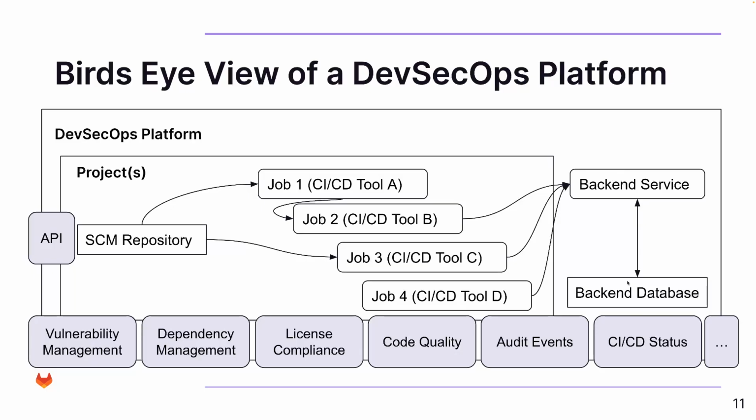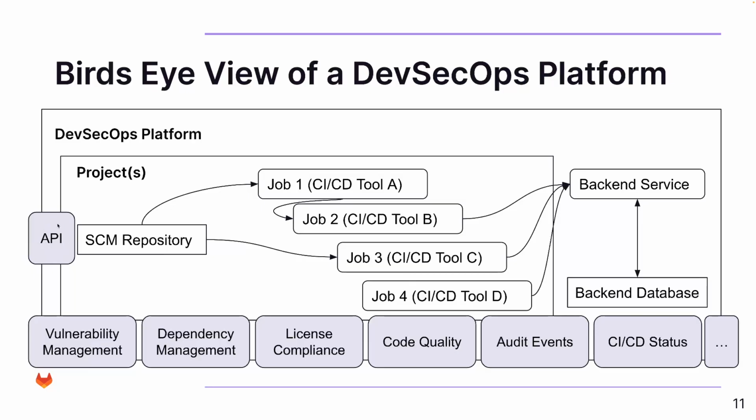And then we also offer a variety of different features in a DevSecOps platform. Usually you have a vulnerability management feature, dependency management, license compliance, and many more different features that provide different views on top of the DevSecOps platform for different personas, so that you can also interact with the data that's actually stored in the backend database.